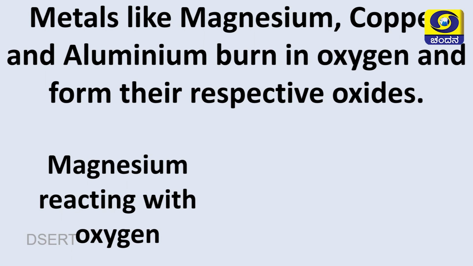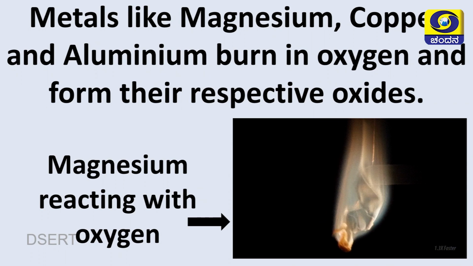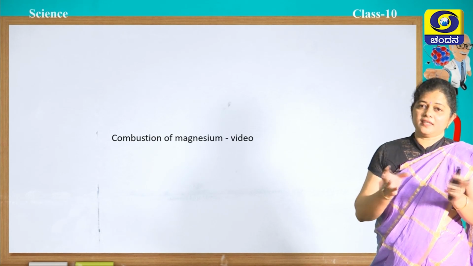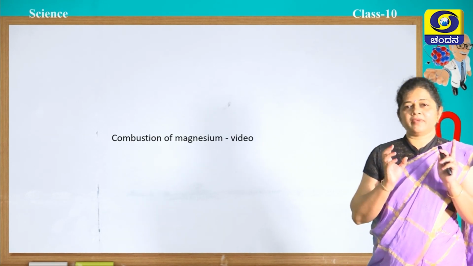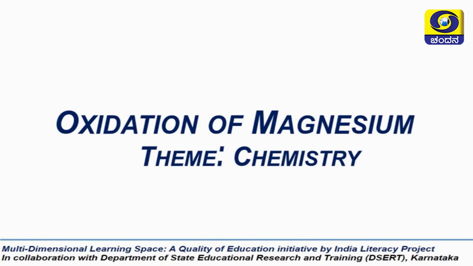Magnesium reacting with oxygen, you can see here the magnesium is burning in oxygen with a bright flame. Now we will see how magnesium exactly burns in oxygen. In this experiment, we will demonstrate the oxidation process of magnesium.